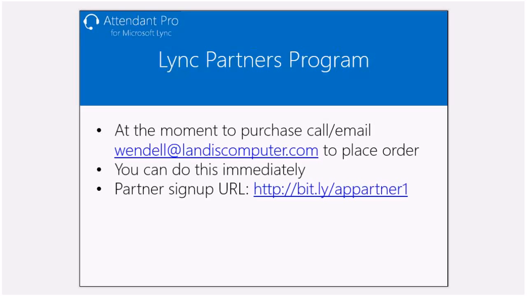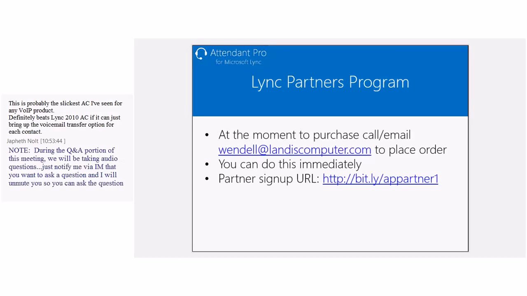You can just go there and sign up. Once you've signed up and want to purchase Attendant Pro, at the moment we have the ability to purchase Attendant Pro on the web for people that want to buy it directly. But for those partners that want to purchase it, just call or email Wendell at Landis Computer, and you can place the order with him and get your margin. This is effective immediately.